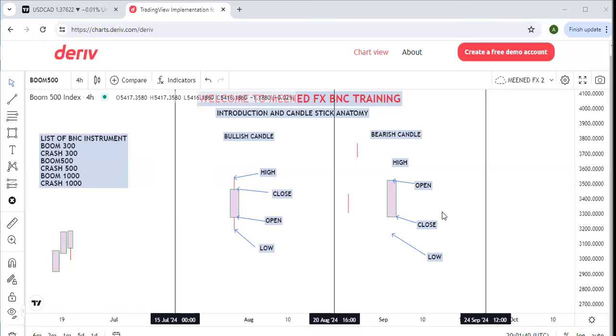All right, let me talk about it a little bit more. Wickless candles are signs of volume in the market. It means there is something that happened around that place that caused that candle to form. It means that a volume came, someone dumped a high amount of money. That's what I want us to use to analyze it.